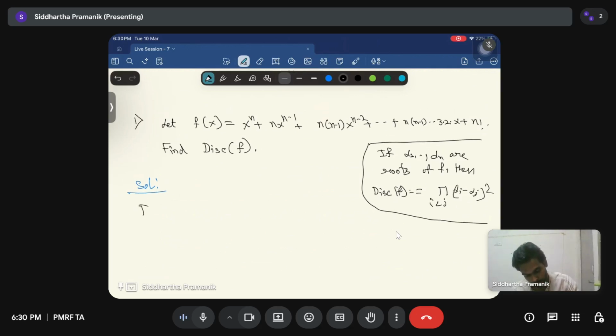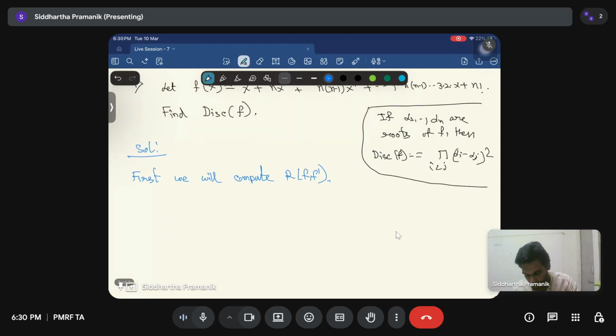So first I will compute the resultant. To compute the resultant, we have to compute the derivative first. Okay, so let's do this.